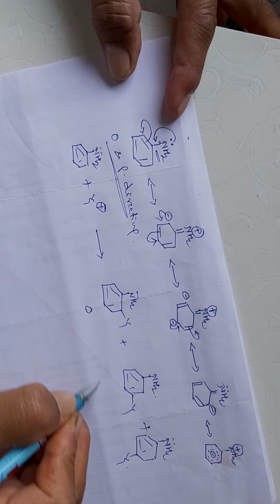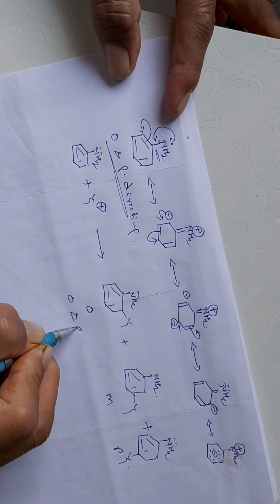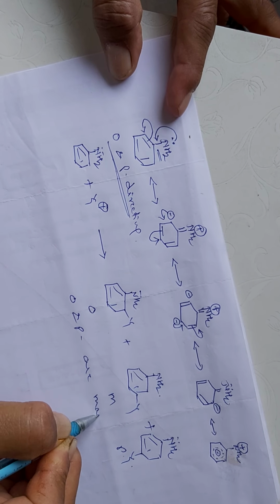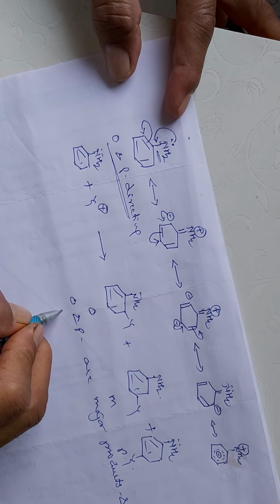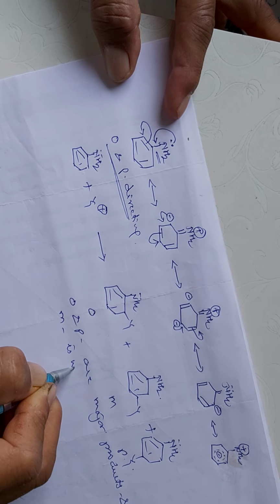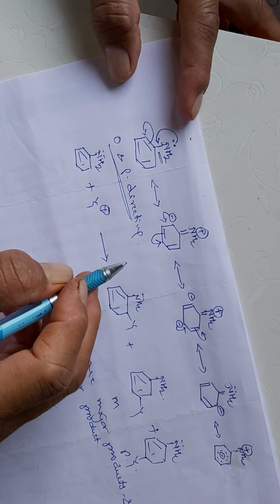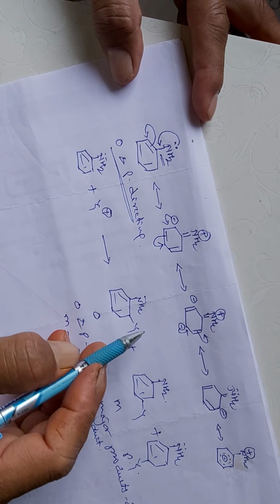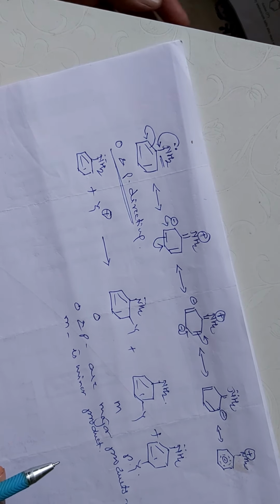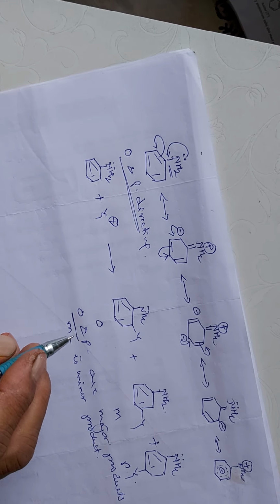So this is your ortho, meta and para, where the ortho and para are major products and the meta is a minor product. This is due to the stabilization of the intermediate which is obtained, and so we get ortho and para products. We will discuss the different reactions in the next lecture. Thank you very much.